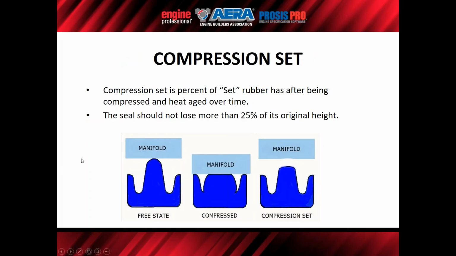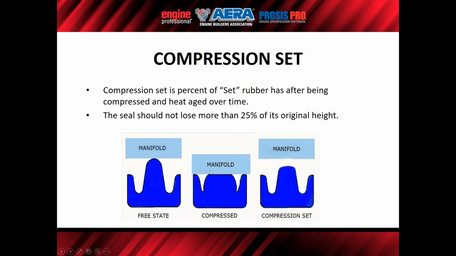Ooh, too far. Compression set. All right, on all rubber materials, we have this phenomenon called compression set. Compression set is basically the amount of set the rubber takes after you compress it and heat age it. So you start with, say, a manifold flange here. You've got your free state void volume bead.